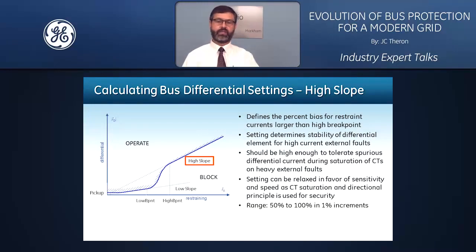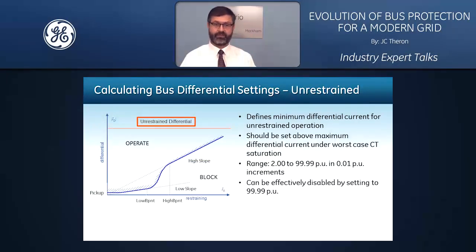Now, the good question is, what should this setting be? Is 75% good, or should it rather be 99%? Now, this setting can be relaxed in favor of sensitivity and speed, as CT saturation and the directionality principle will be used for security. In other words, it's not necessary to set it too high. Now, the range of this is 50 to 100%.